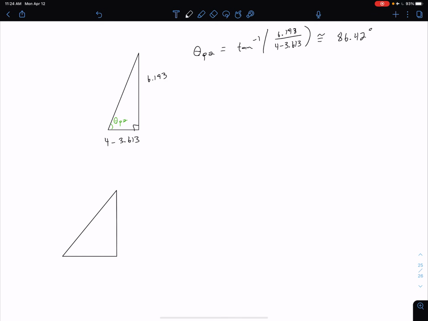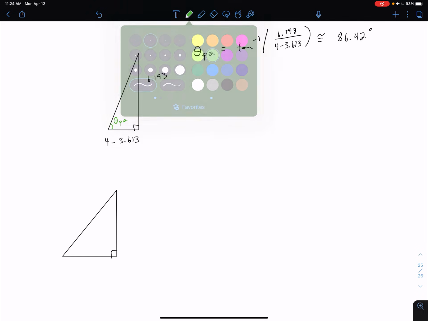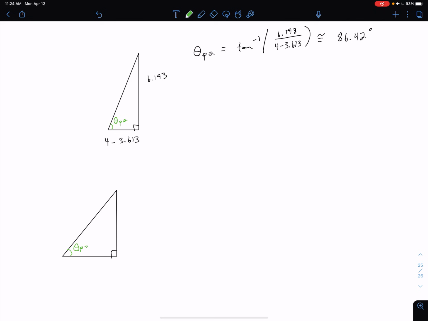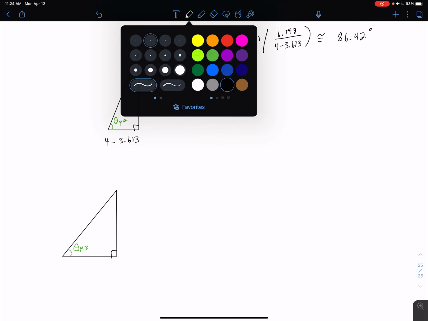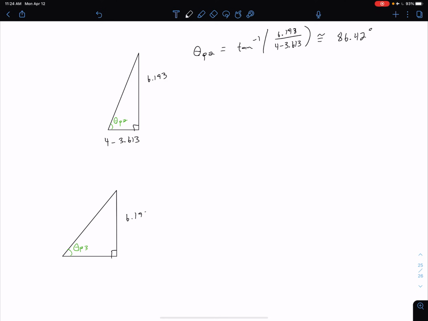One more to go, our theta P3, and that's going to be a similar right triangle sort of pointing towards the left there. And now this angle inside is our theta P3. Our height is still going to be the same 6.193 that it is for all of our right triangles. And now our width on the bottom is going to be 6 minus 3.613.